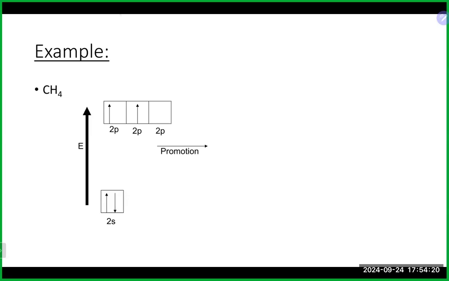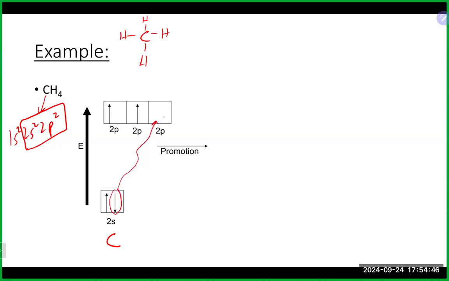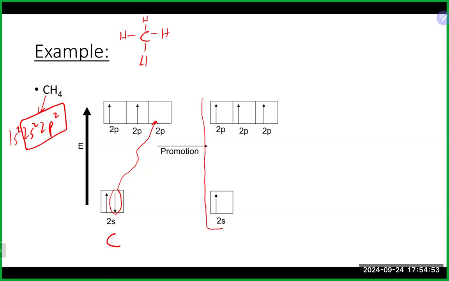And if we look at methane, once again, here we are making these bonds. And if we look at carbon, which is 1s2, 2s2, 2p2, this is the 4 valence electrons that we see in carbon. And again, we're going to get that promotion of that electron, which will basically come upwards. The result of that is everybody here is going to have an electron in it.